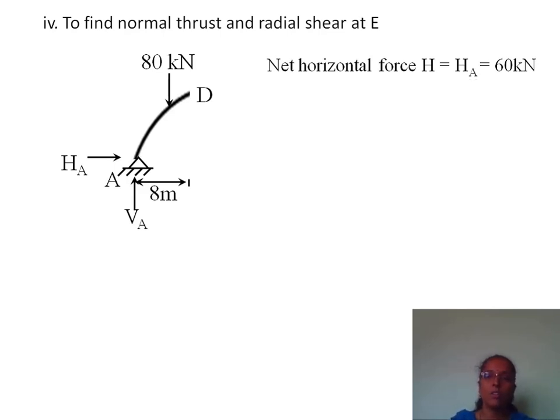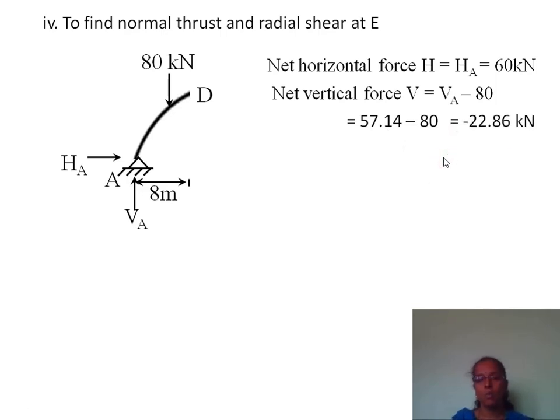Only HA is acting, so H is equal to HA, that is 60 kilonewton. Next, net vertical force is V equal to VA minus 80. VA is 57.14 minus 80, so that will be minus 22.86 kilonewton.